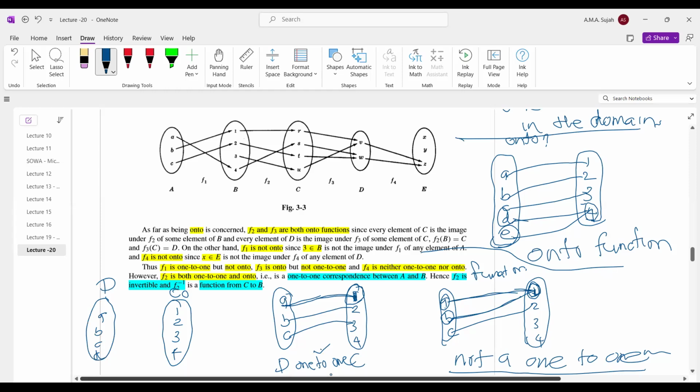Here, minimum one relation, maximum whatever the number, right? Each and every element in the codomain definitely has a relation with a domain element. So this is possible, and this is also possible, right?